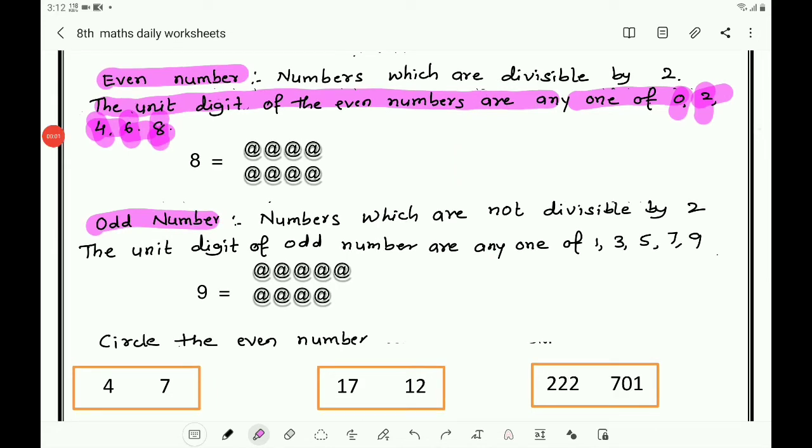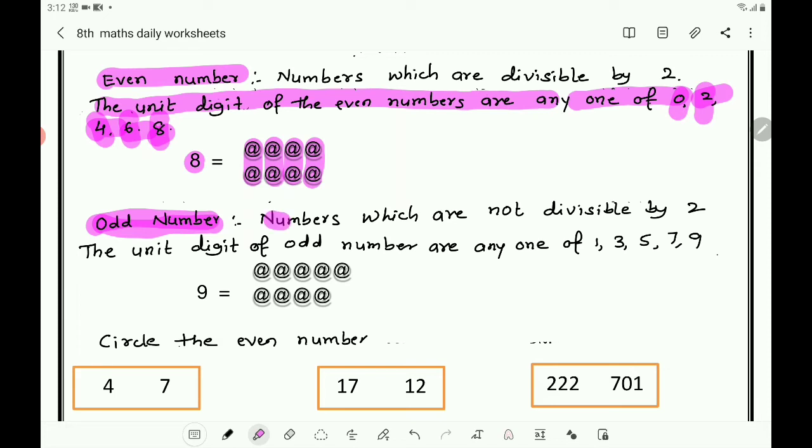If there are an even number of objects, you can make them into groups of 2 objects. Here 8 is the number, 8 objects are there, means here you can have the first pair, second pair, third pair, fourth pair. Here 4 pairs of 2 elements you can make by using 8 objects. Next, about the odd numbers.